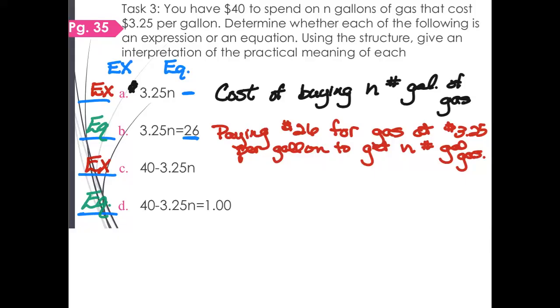Okay, so I'm just wanting to know what the scenario is. You are paying $26, and maybe you're like, oh, that's the same thing. Yeah, I mean, we are talking about using a structure, give an interpretation. So my interpretation is we are paying $26 for the gas. The gas is $3.25 per gallon. And so we're going to get some number of gallons of gas. And if you solve for it, yes, that's going to be 8. Do you see what I'm saying?